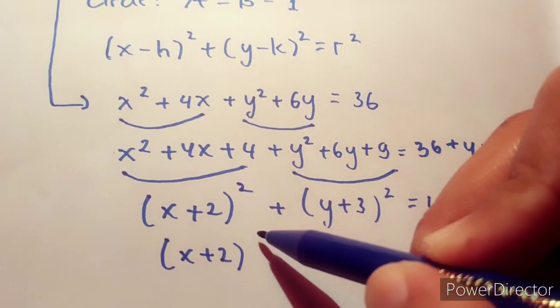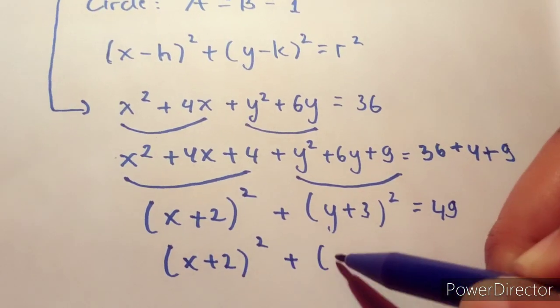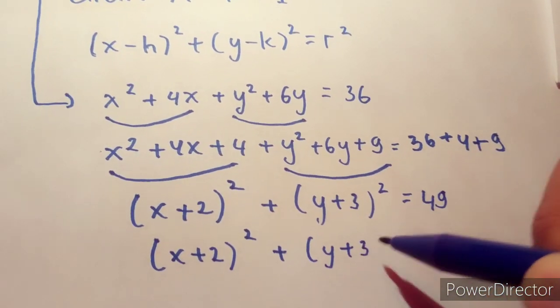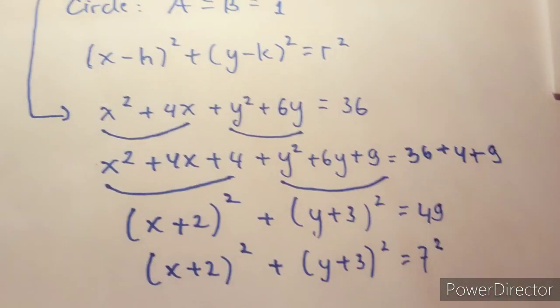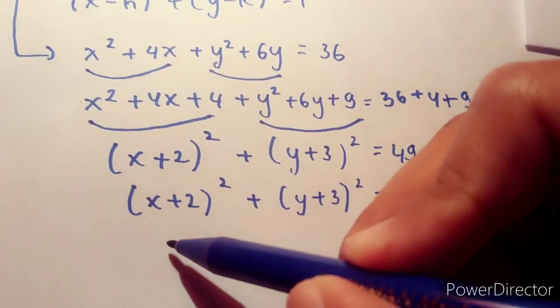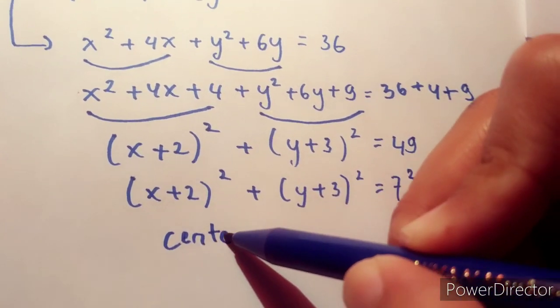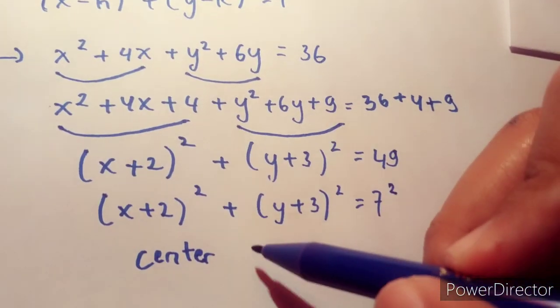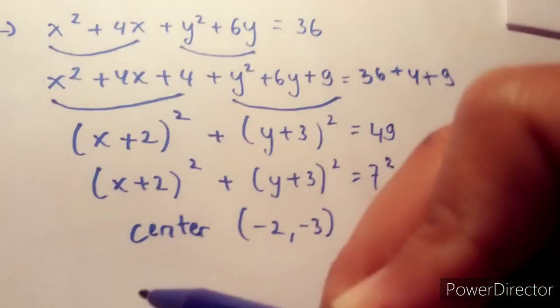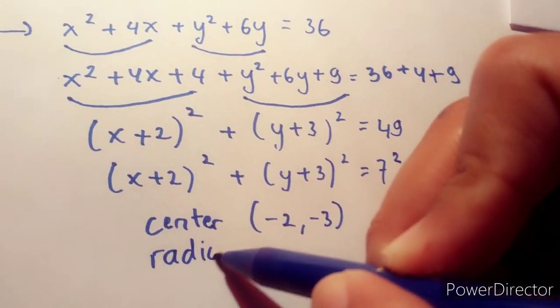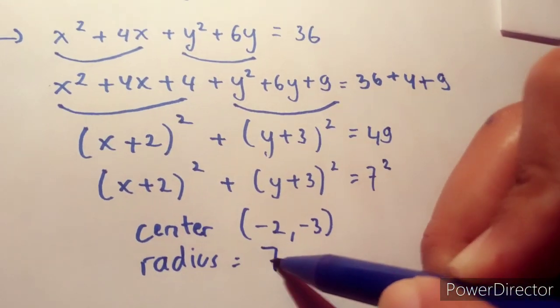Let me make it completely the same: it is 7 squared. So from here I can extract directly the information that the center of this circle is (-2, -3) and the radius of the circle is 7.